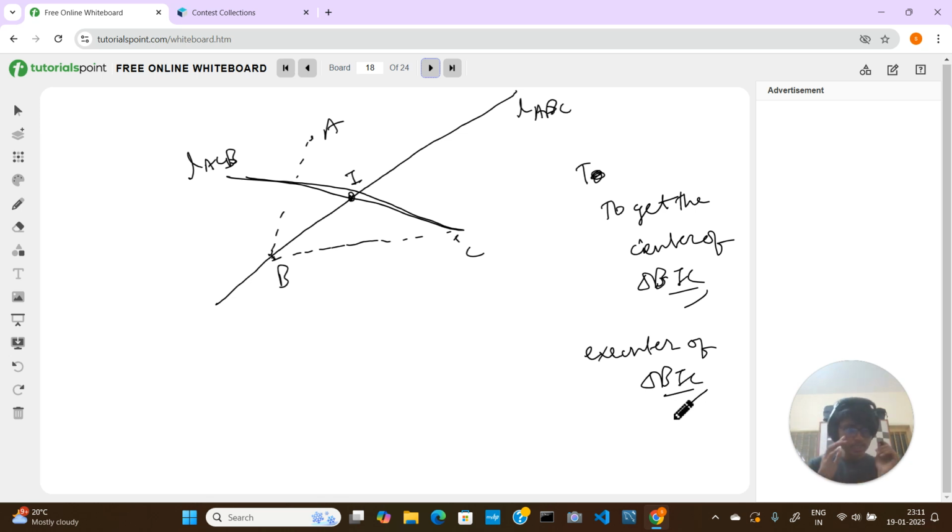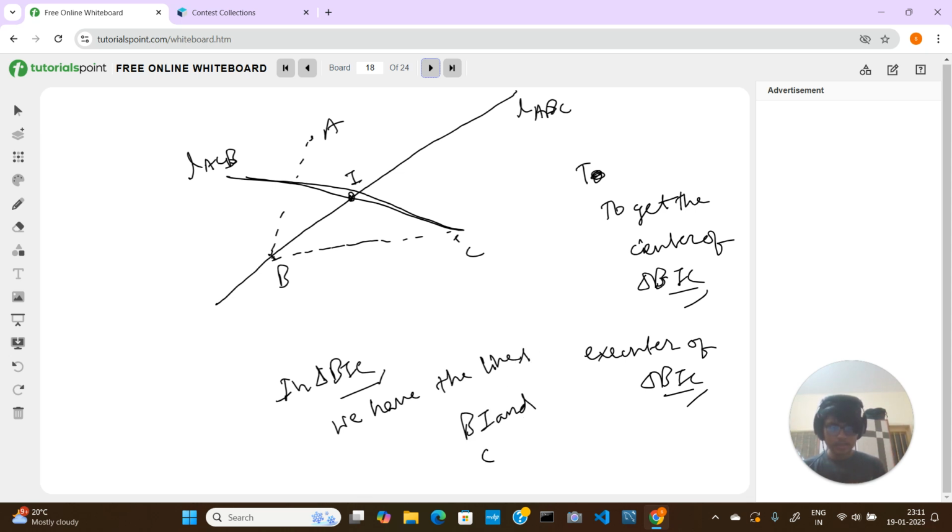And what is the nice thing about triangle BIC? In triangle BIC, we have the lines BI and CI marked. In triangle ABC, the lines were not marked, but we constructed the angle bisectors, so the lines BI and CI are already known to us.